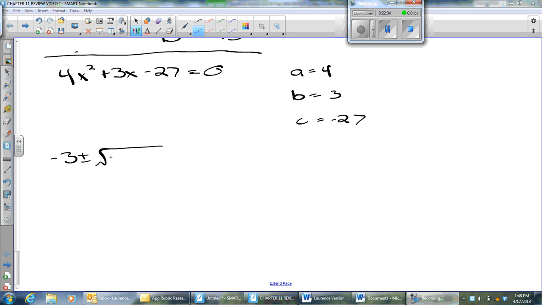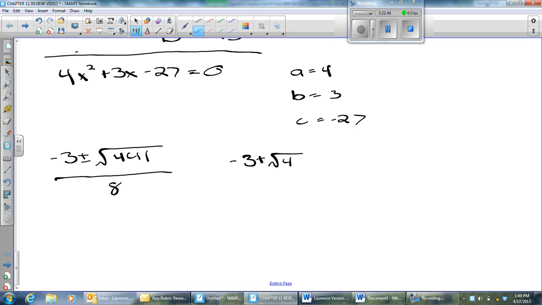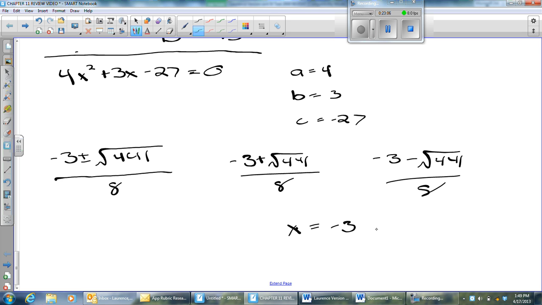So this is 441 over 2 times A, which is 8. Okay, we're going to break this up into negative 3 plus the square root of 441 and negative 3 minus the square root of 441, over 8. So we're going to end up with x equals negative 3 and 2 and a fourth, 2.25.